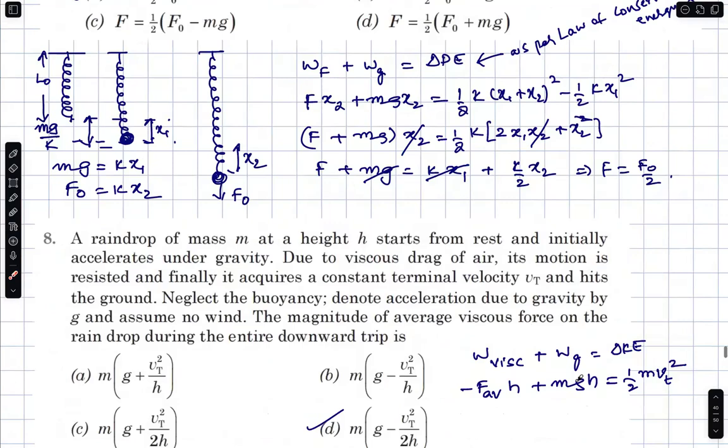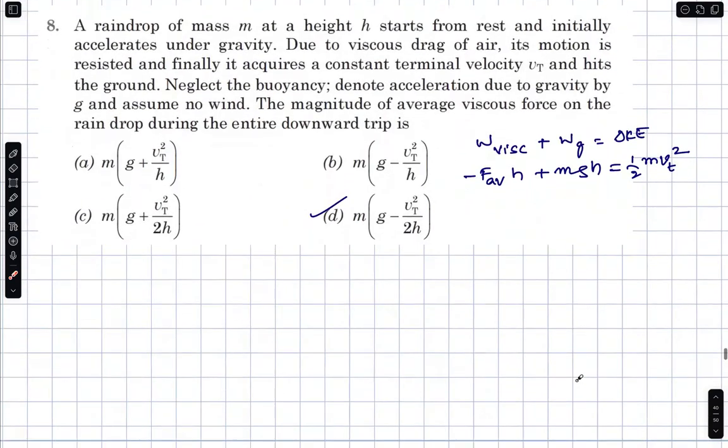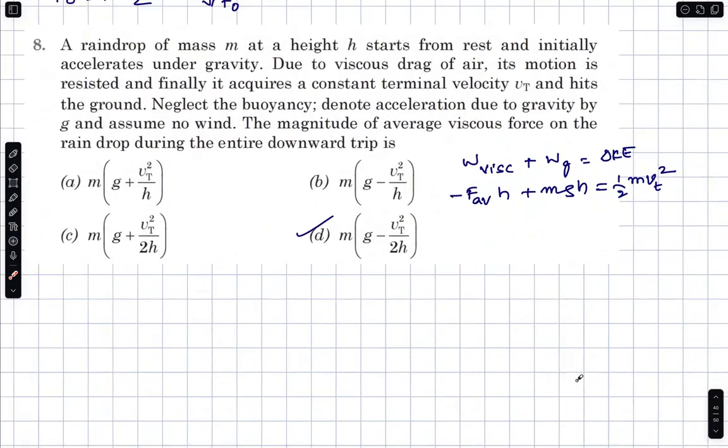Right. Yeah. This is one question which is an easy question. But see, there are 5 lines in that. Study each line carefully. A raindrop of mass m at a height h starts from rest and initially accelerates under gravity. Due to viscous drag of air, its motion is resisted and finally acquires a constant terminal velocity.